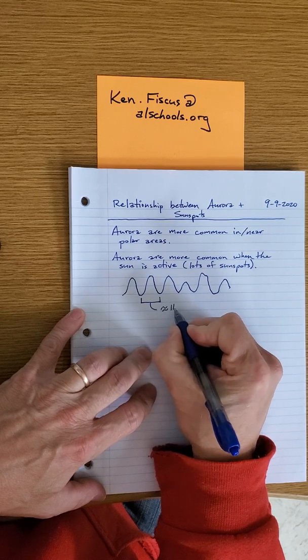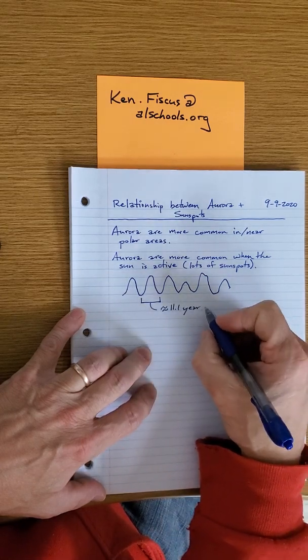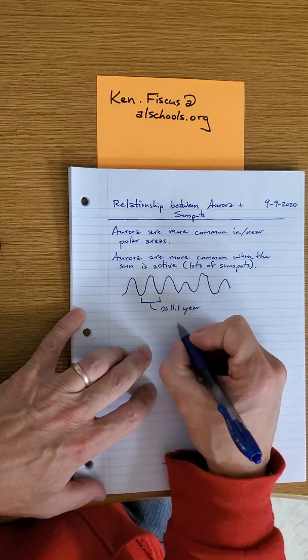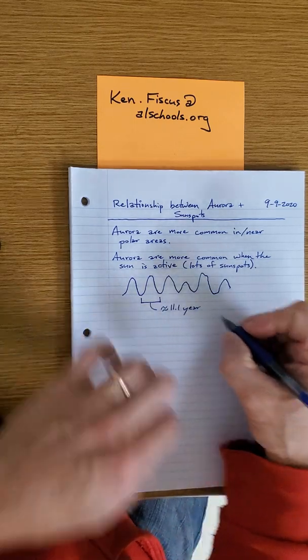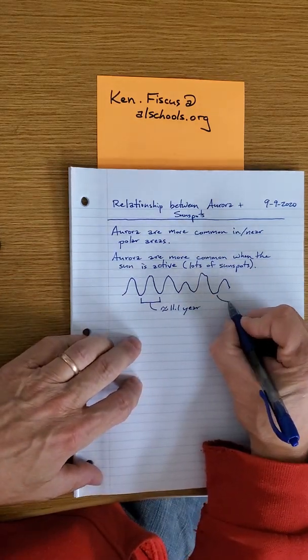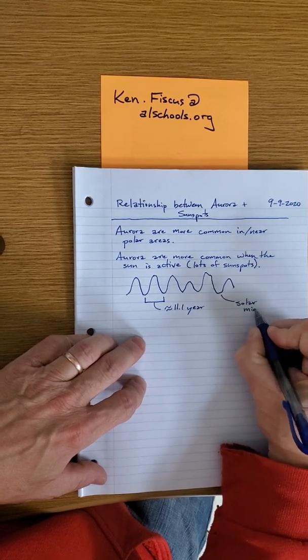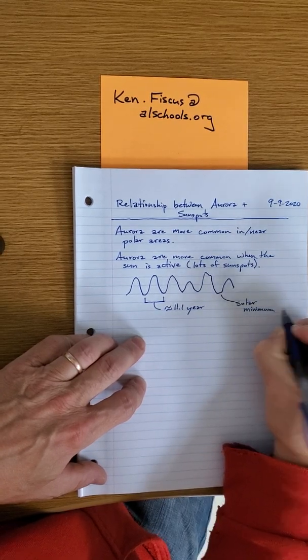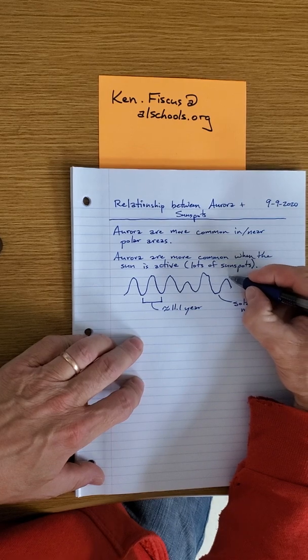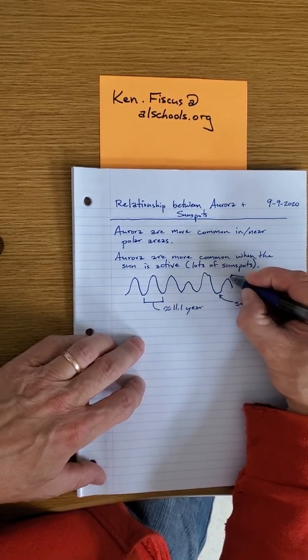Approximately 11 years. 11.1 is the average. Okay, next. This is called solar minimum. And the top would be solar maximum. Make that be an arrow.